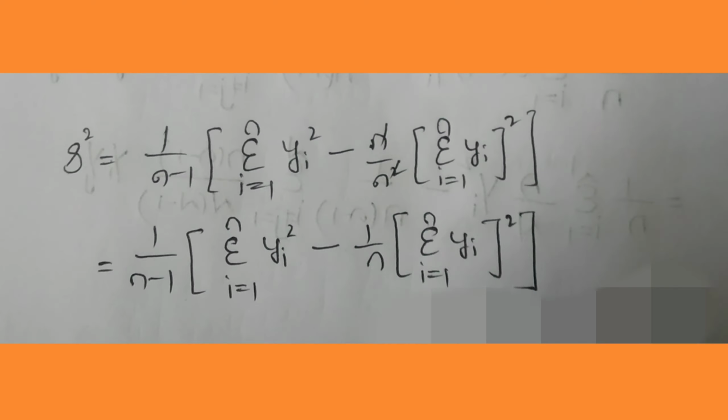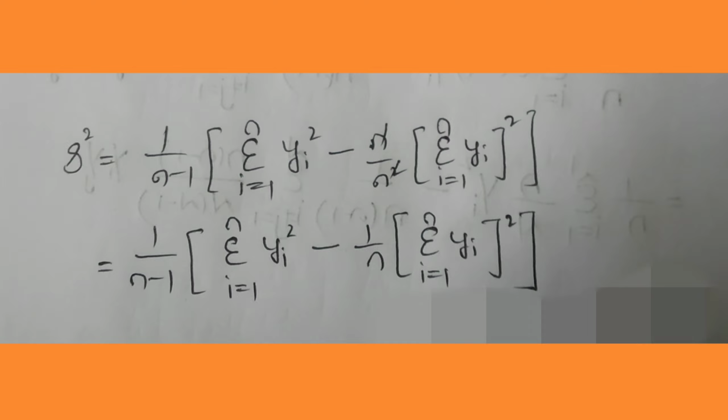So now we can write down the sample mean form. y bar n is equal to 1 by n summation i ranges 1 to n yi. So we replace that and we get s square is equal to 1 by n minus 1 summation i ranges 1 to n yi square minus n into (1 by n summation i ranges 1 to n yi) whole square.